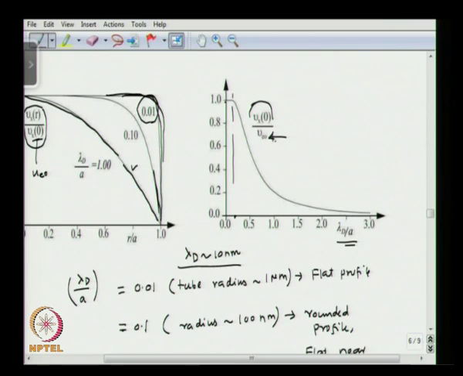As the Debye length becomes larger and larger, at about 1, the electroosmotic flow is heavily suppressed. The actual velocity at the center is only 10% of the ideal electroosmotic velocity.